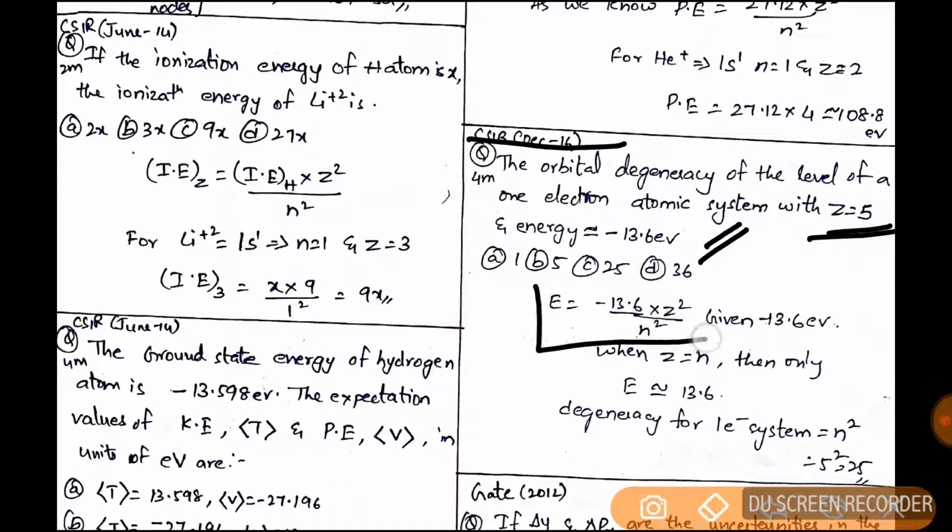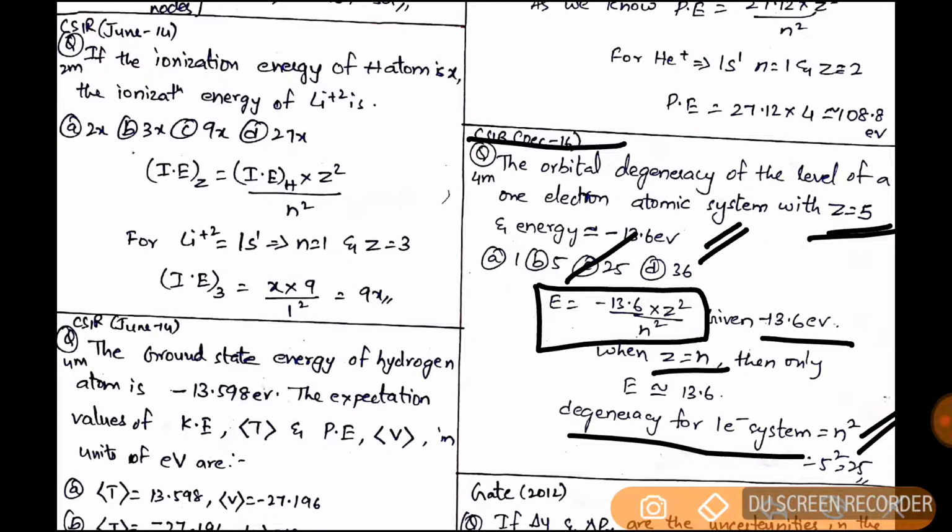As we know the formula of energy, E equal to minus 13.6 into Z square by N square, given that the energy is minus 13.6, that means Z equal to N. As Z equal to N, the degeneracy of a one electron system is N square, and after solving this we get 25, so the answer is 25.